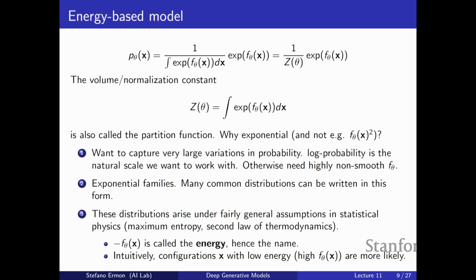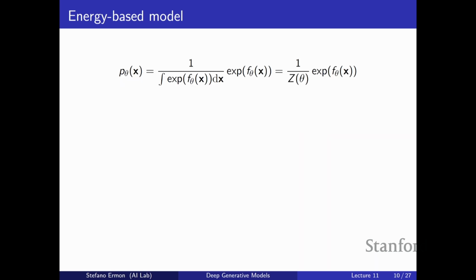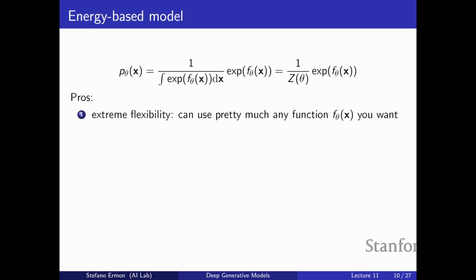So, cool. That's the basic paradigm of an energy-based model. You start with an essentially arbitrary neural network, f theta. You take an exponential to make it non-negative, and then you divide by this normalization constant, this partition function, which is just the integral of this unnormalized probability.